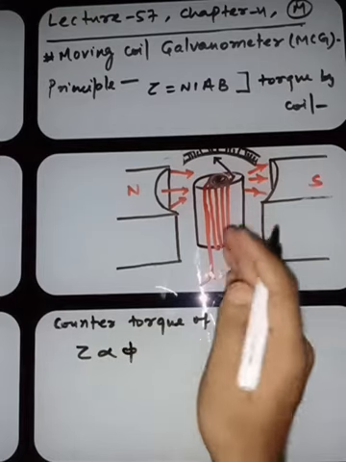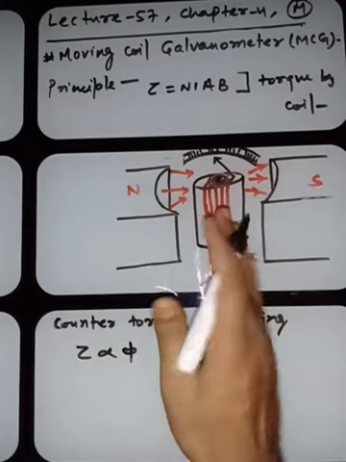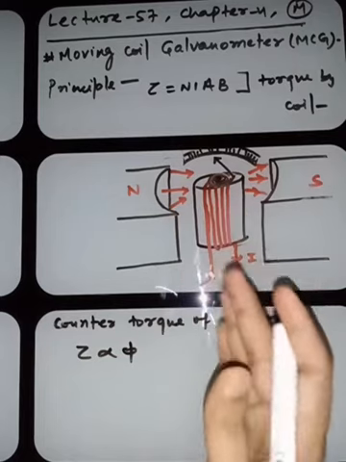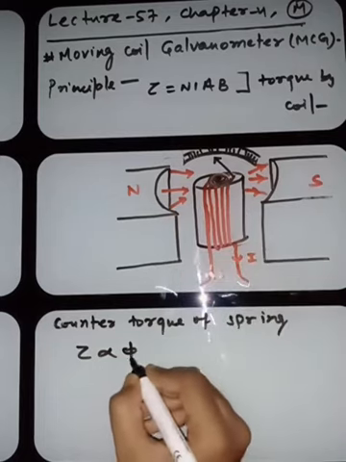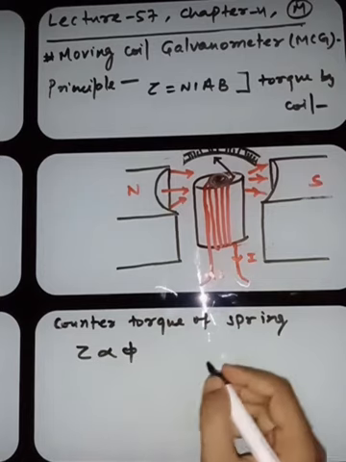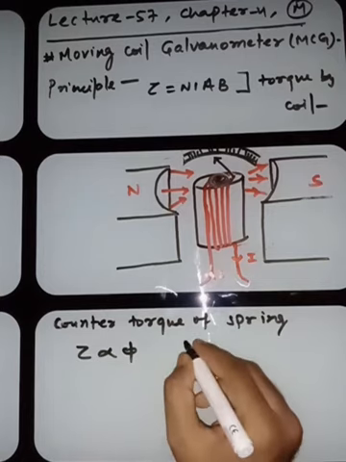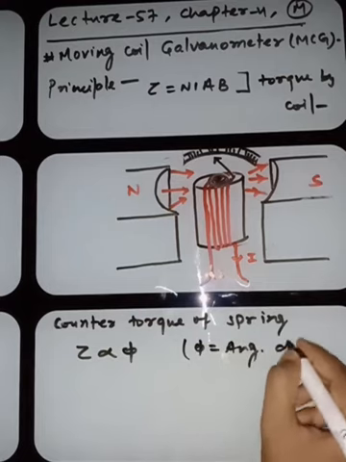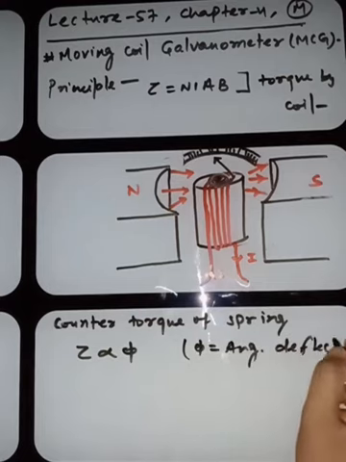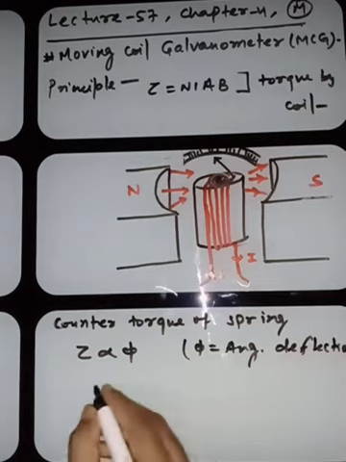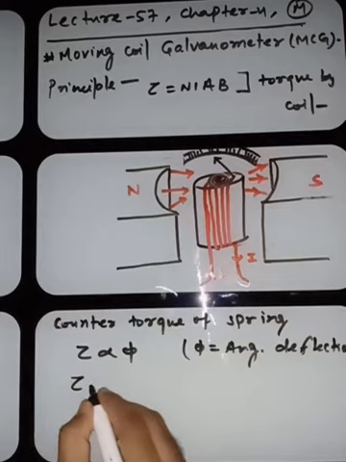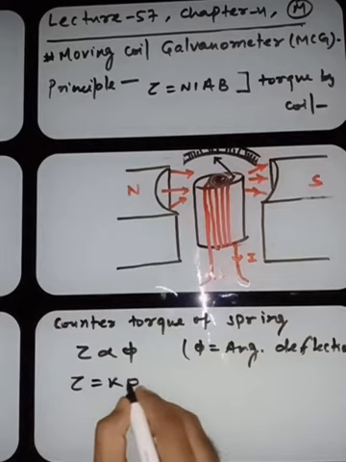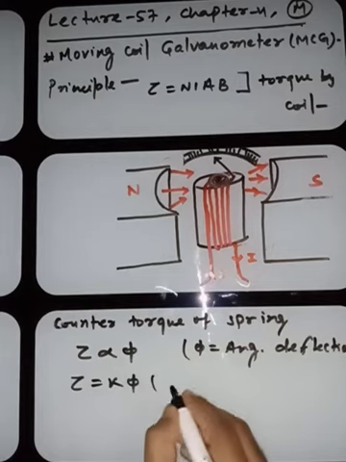How much this coil twists depends on this. If phi is the twisting, you can say it is the angular deflection. Then tau is directly proportional to phi for the spring, and now tau is equal to k phi, where k is the twisting or torsional constant.